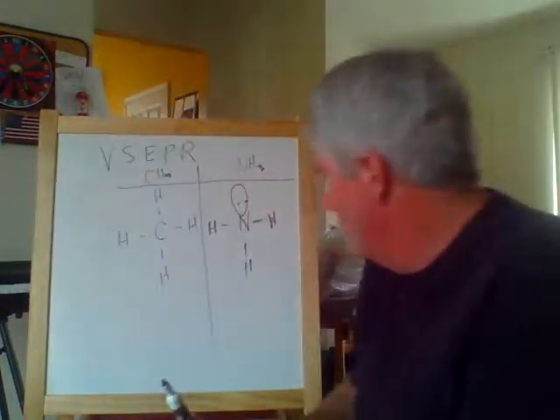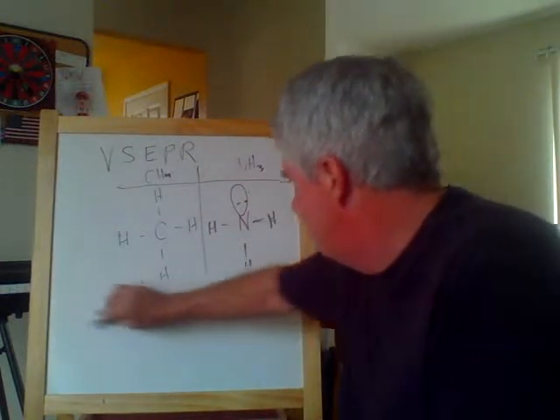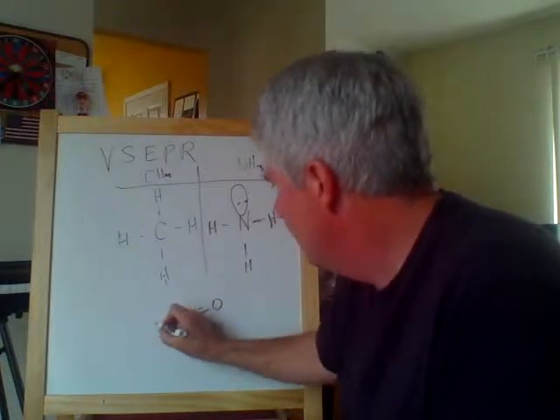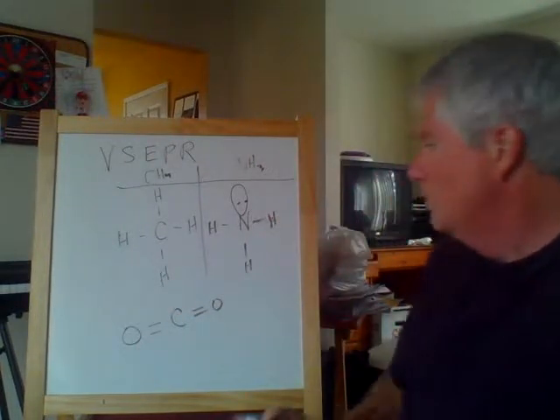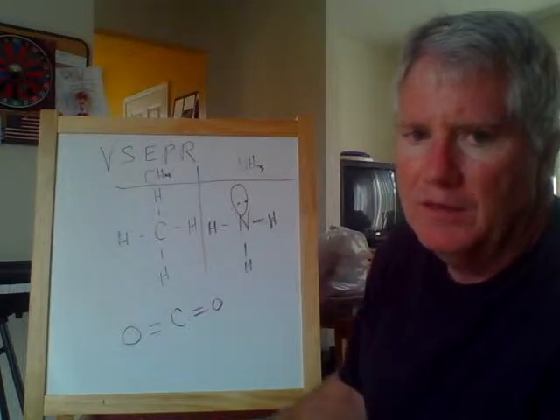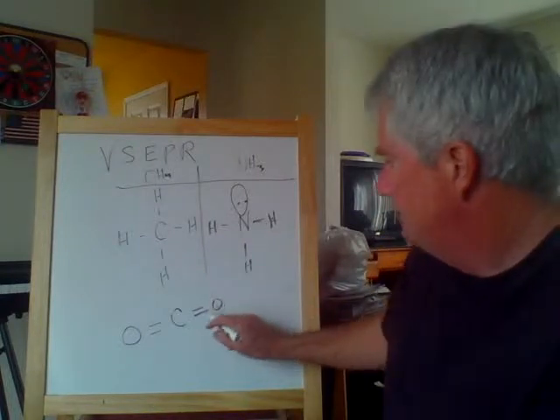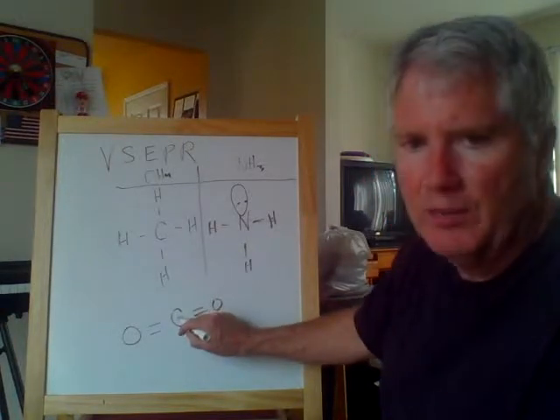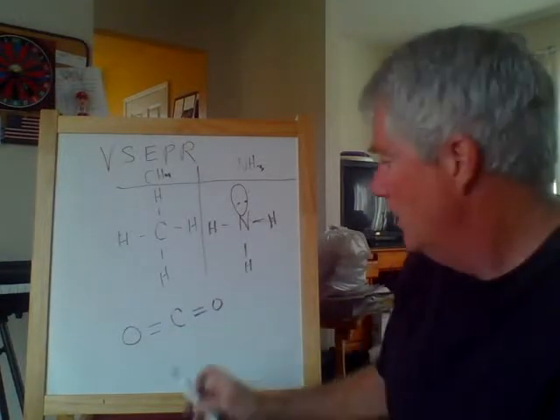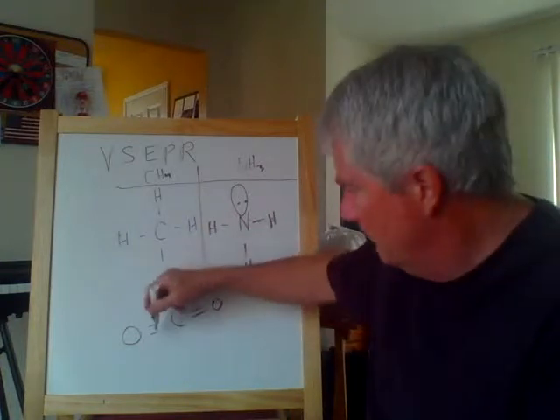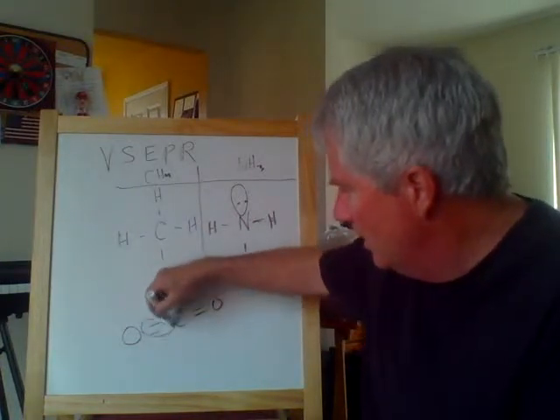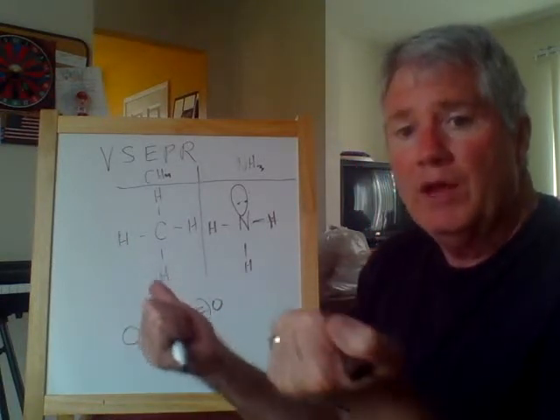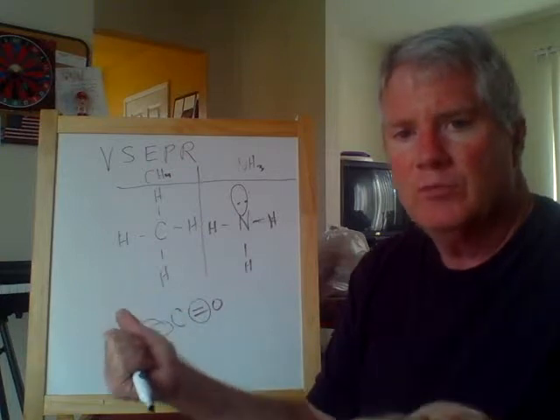Let me show you another one though, which is carbon dioxide. Okay, so in carbon dioxide, the central carbon atom has 2 things attached to it, and the electron clouds, even though they're double bonded, there's a big electron cloud on one side and a big electron cloud on the other, and they want to repel each other, so they want to be as far apart from each other as possible.